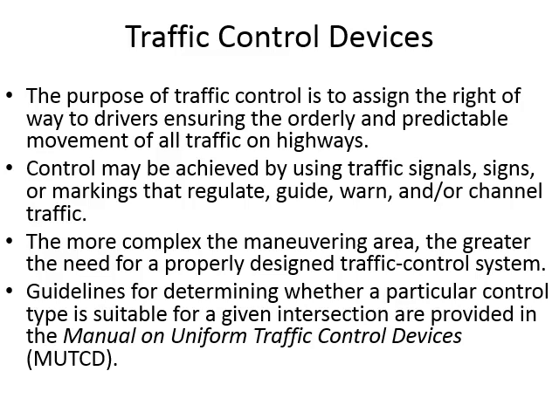Channelization or traffic control devices become more important if your intersection is a complex maneuvering area. Complex maneuvering means that you have multiple legs and multiple directions meeting at the intersection, and they are not meeting at a nearly 90-degree angle.